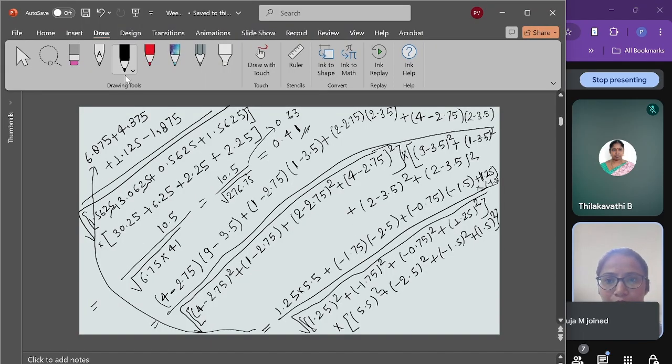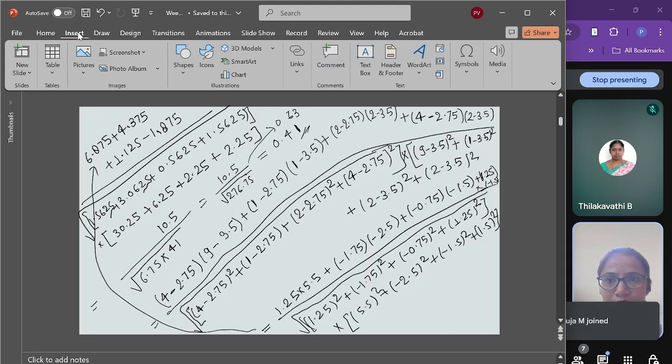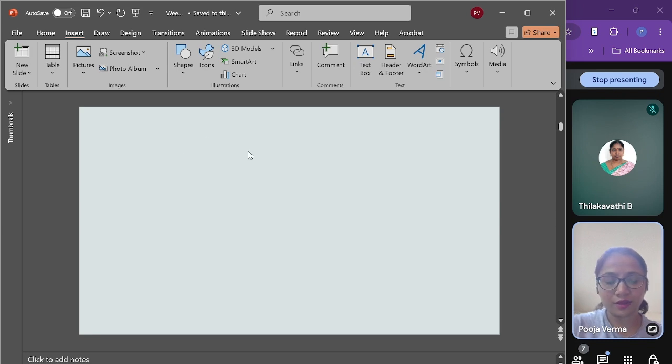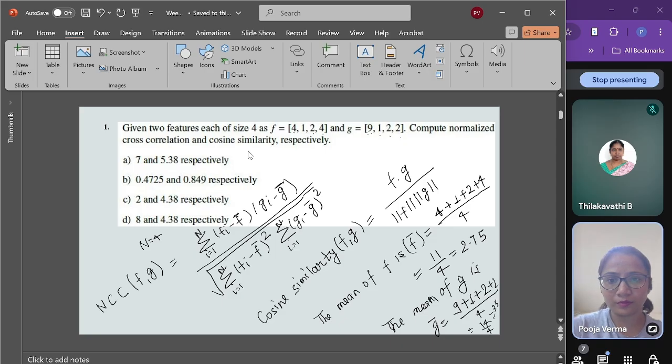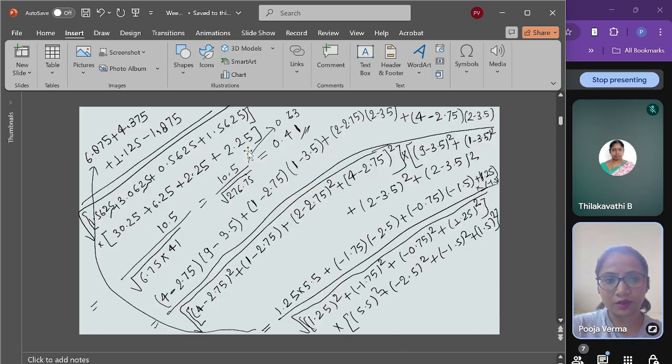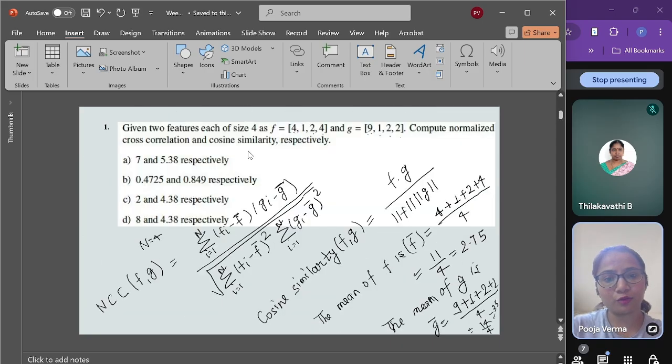Now how do we calculate the cosine similarity? We already have the feature vectors f and g, and I have already written the formula here for cosine similarity: f dot g divided by the double mod of f into g.